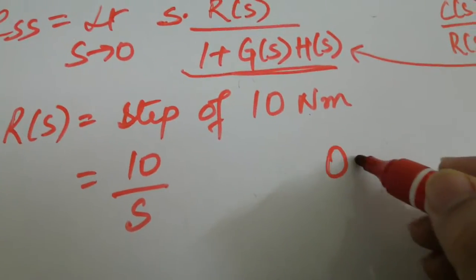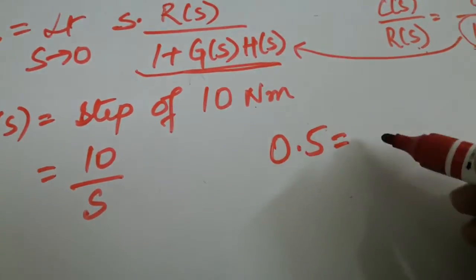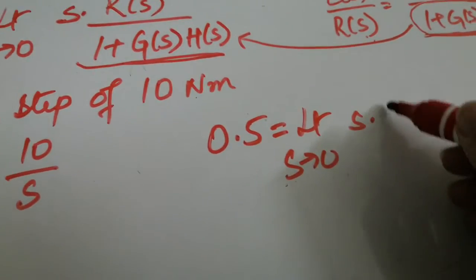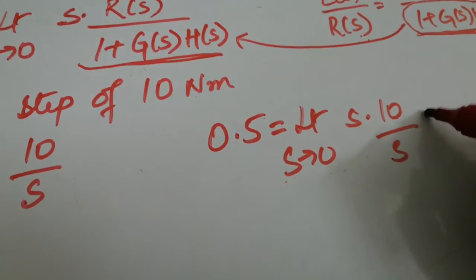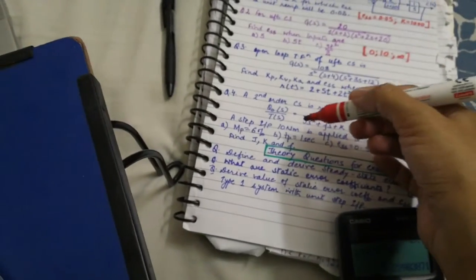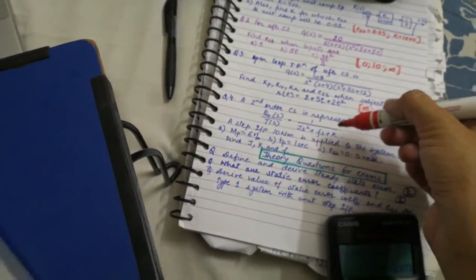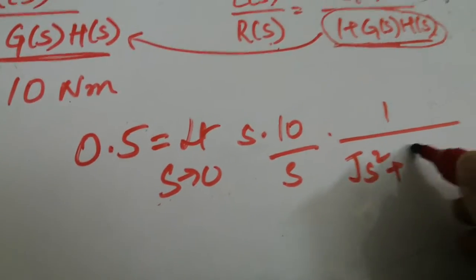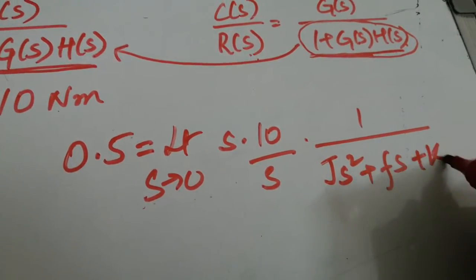This becomes 0.5 equals limit s approaches 0, s multiplied by 10 upon s into 1 upon 1 plus G(s)H(s), and instead of that you are going to write this whole thing: Js square plus Fs plus K.